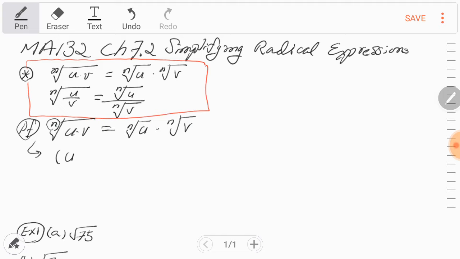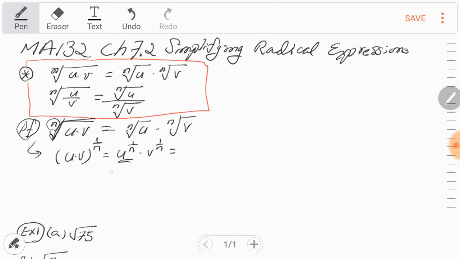We can convert this radical into an exponential form. The radicand is uv, so we can raise uv to the 1 over nth power, because this n goes to the denominator of the power. Then assign the power to each factor in the base: u to the 1 over n times v to the 1 over n.